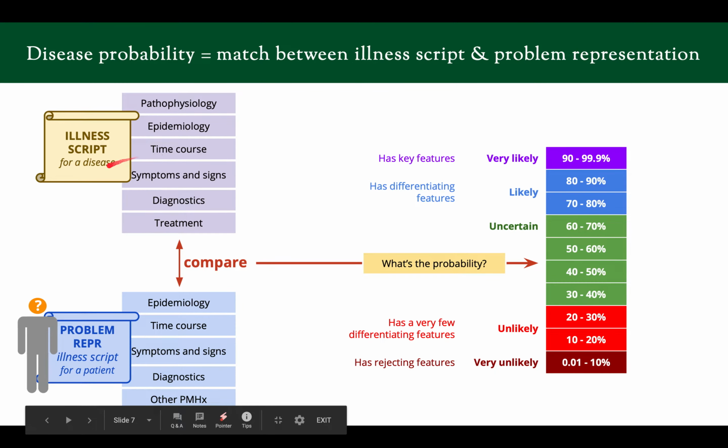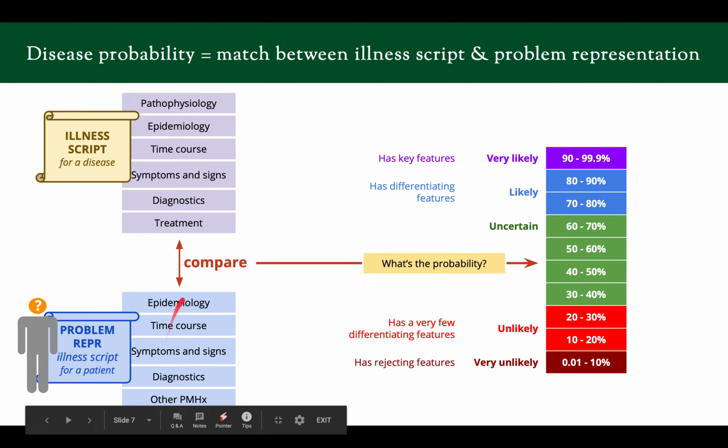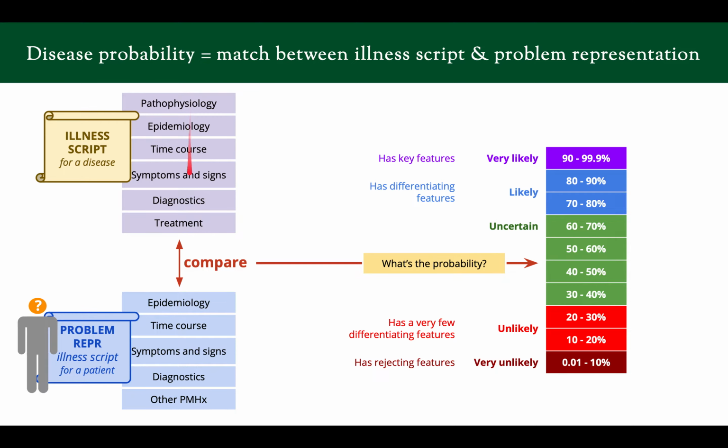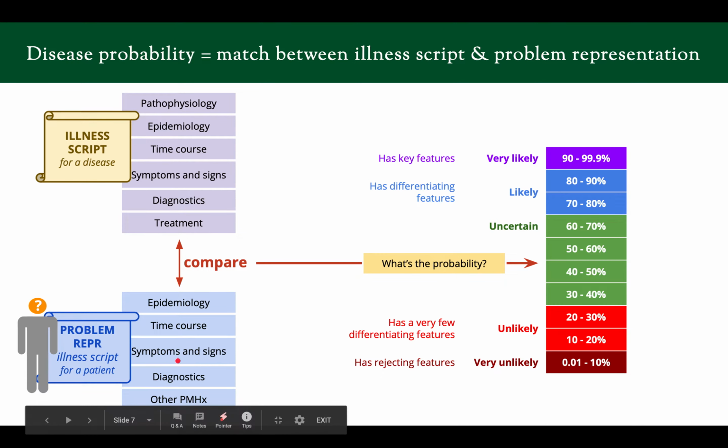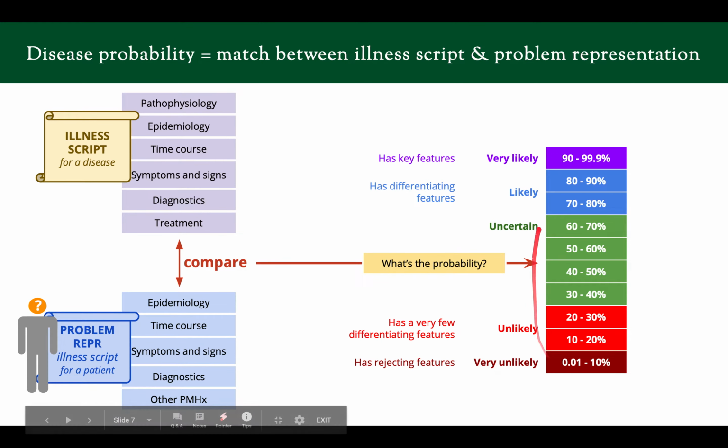So again, here's this depiction. We have our illness script for a disease, and we compare that to the problem representation, which we get from a patient. And I wrote illness script here. It's really not an illness script, but I wrote that because I want to emphasize that we structure it in kind of the same way, right? The epidemiology, time course, signs and symptoms, diagnostics, etc. And the greater the match, the higher the probability is here, right?